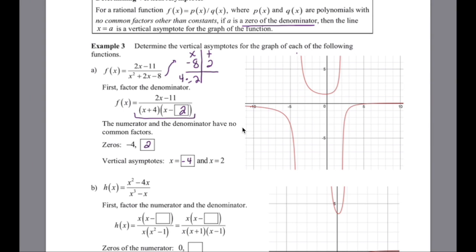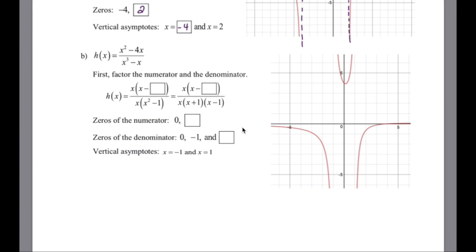On the right here, I've got the graph from Desmos, and we can see when I put in our dashed line for our vertical asymptotes, that there is one at -4 and then another one at +2. Our graph gets super close to those asymptotes but never actually crosses those asymptotes.